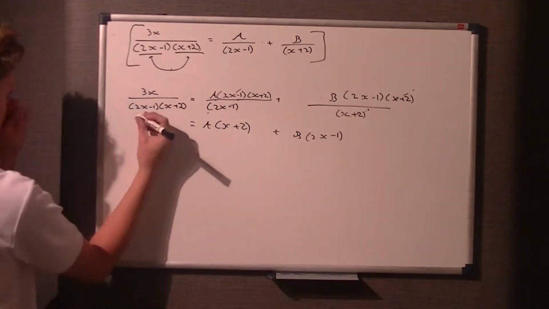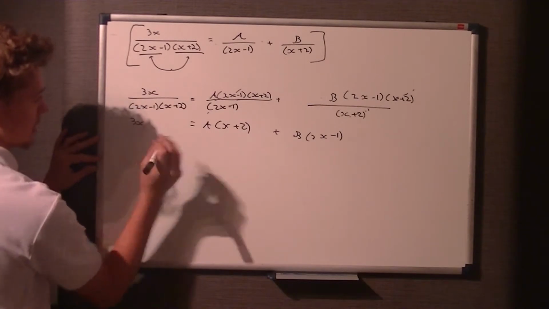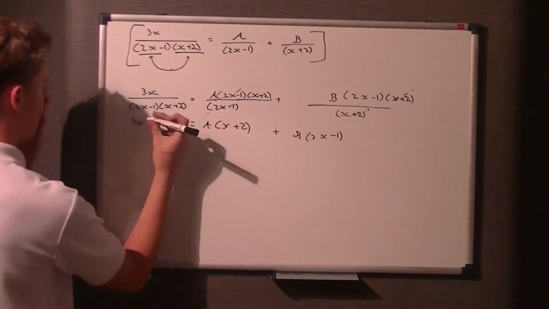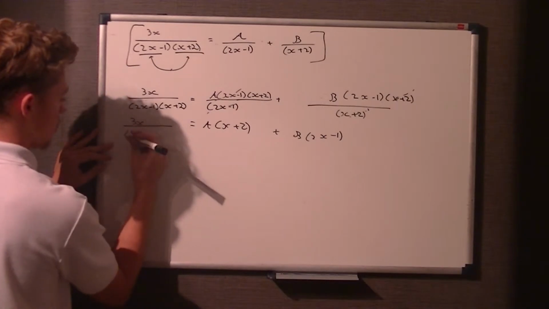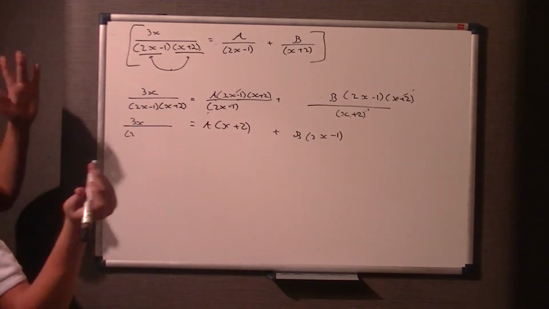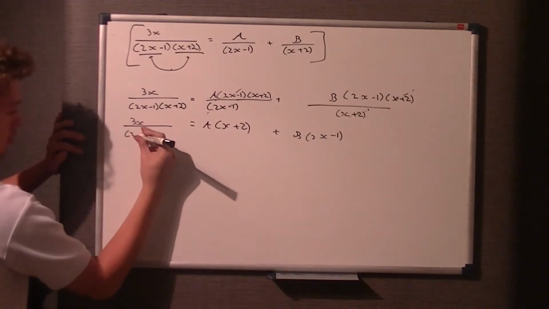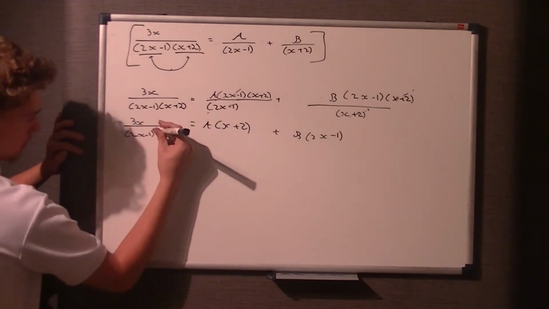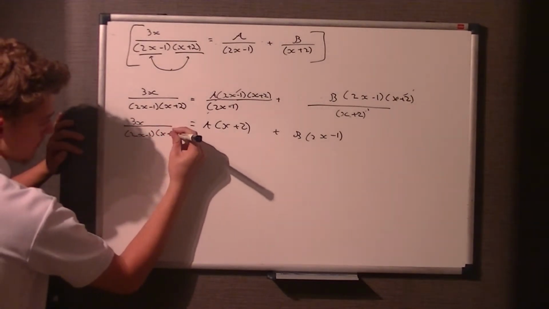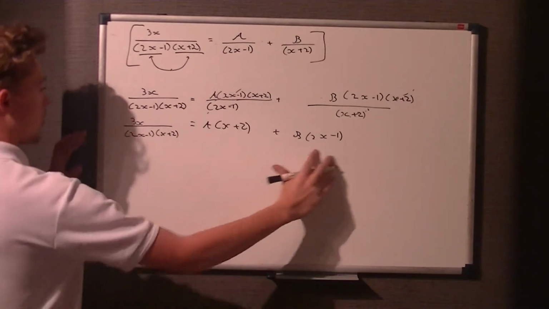And this is still equal to the same thing on this side. We haven't done anything to this side; all we've done is times it by 1. We could just put 1 here, but we don't need to. So that's 3x over (2x take 1)(x plus 2), and that's what it looks like so far.